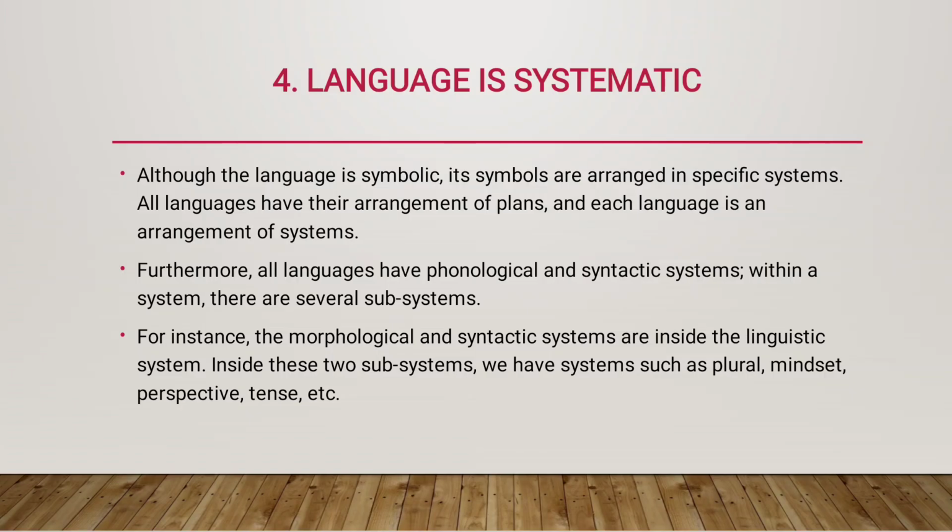Further, all languages have phonological and syntactic systems within a system. There are several subsystems also. For instance, morphological and syntactic systems are inside the linguistic system. Inside these subsystems, we have systems such as plural, mood, aspect, tense, etc.